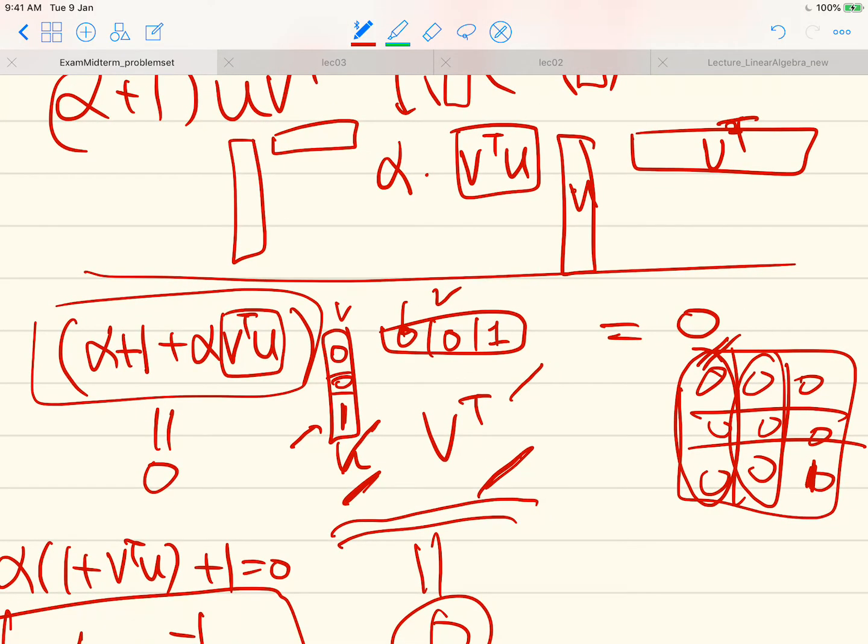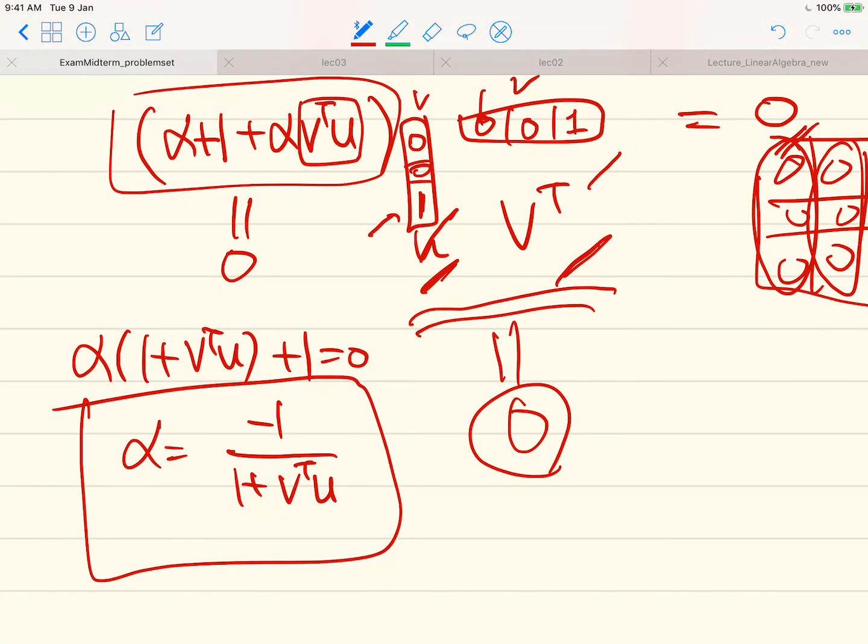In that case, we shouldn't be able to make this equation true, right? How can we not achieve this equation? It is simple. If alpha is not defined, that's when we cannot achieve this equation. And when is alpha not defined? It is when v transpose u is negative 1, right?